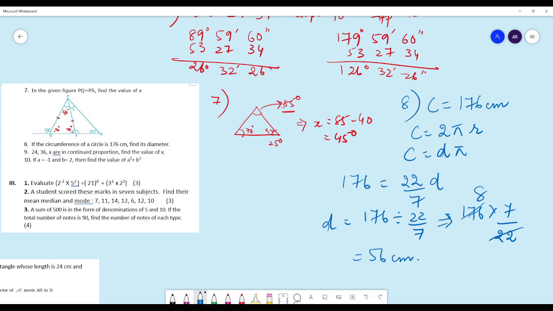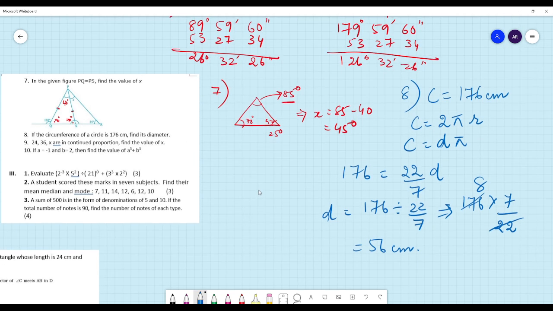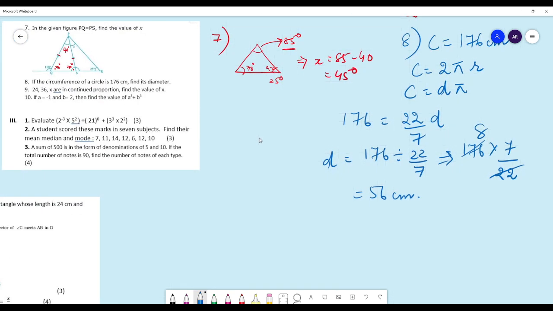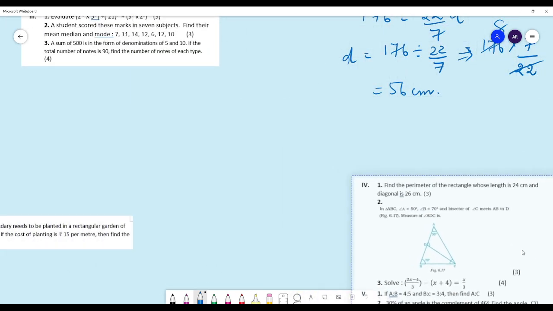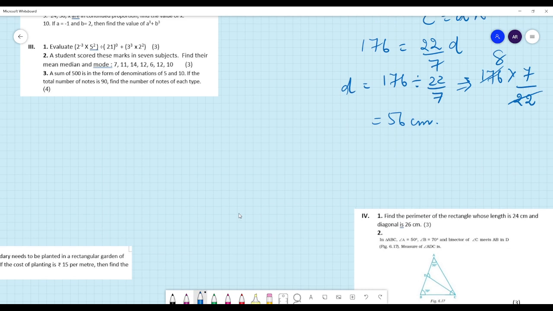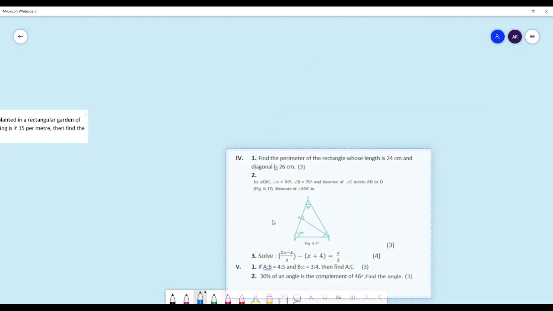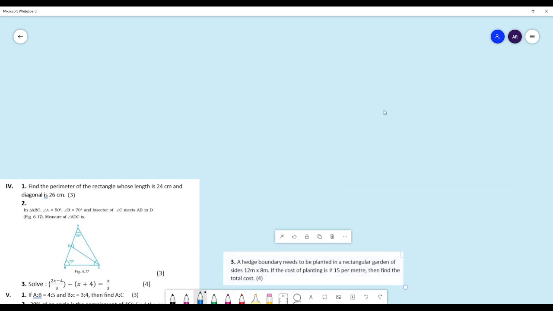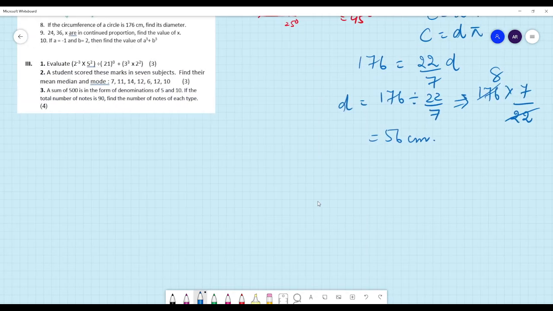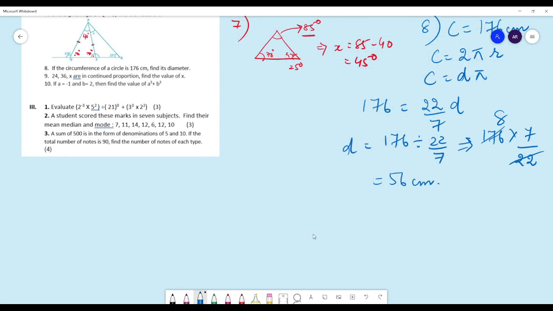Now let us move on to question number 9 over here. Now question number 9 talks about proportion. So when we are talking about proportion, let me move this down further. Okay, so we are talking about proportion over here.